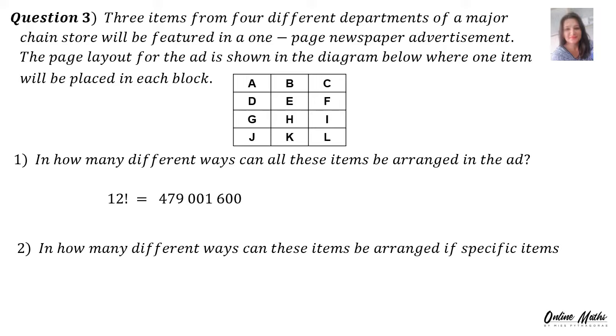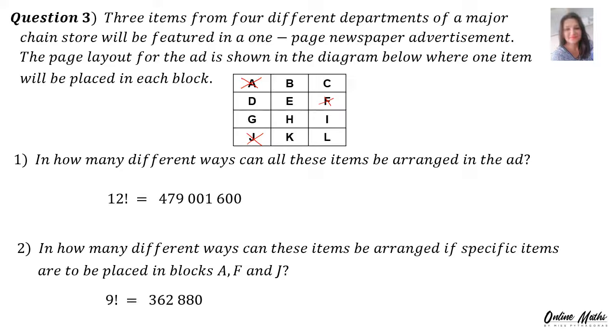In how many different ways can these items be arranged if specific items are to be placed in blocks A, F, and J? Now that means, in fact, that blocks A, F, and J are fixed. So what's left? We're left with 12 minus 3 is 9 factorial. 362,880.